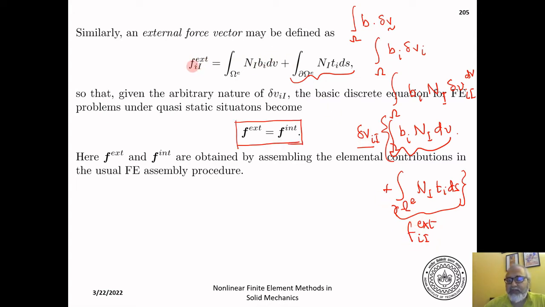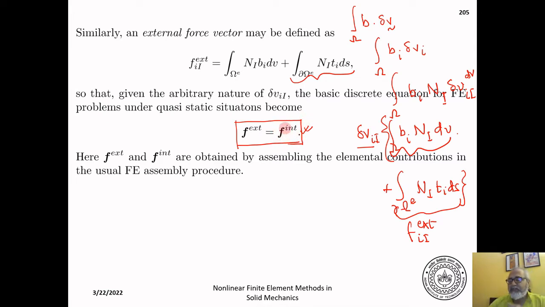This we have derived for an element. We have to assemble it to get F external for the whole system, F internal for the whole system. That assembly procedure, I guess you already know. Assembly of vectors is pretty straightforward, and then this is what we have to solve. F external can be a function of the displacements u.